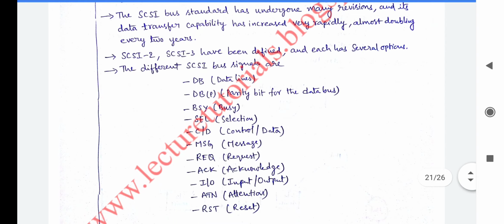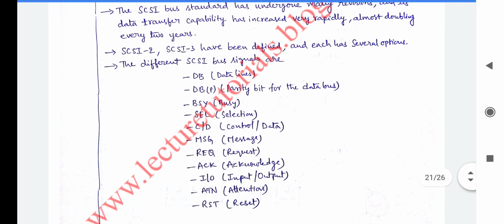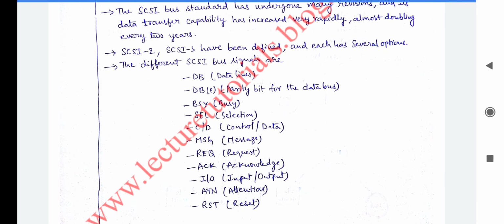One more time: DB means data lines, DBP means parity bit for the data bus, BSY busy, C/D control or data, MSG means message, REQ request, ACK means acknowledge, I/O means input or output, ATN means attention, and RST means reset.